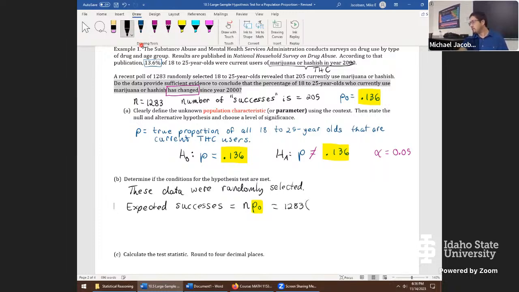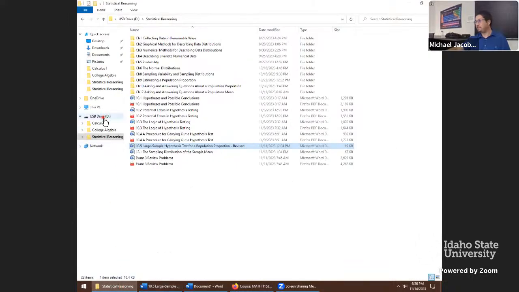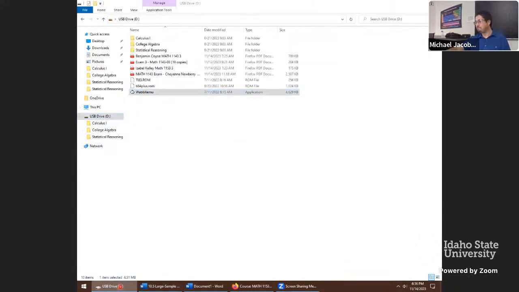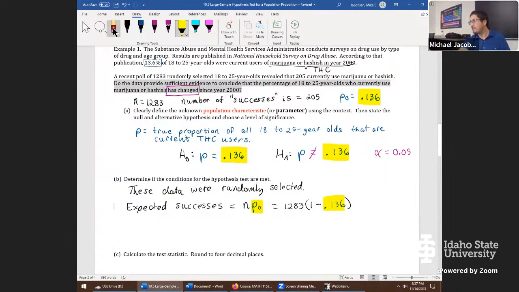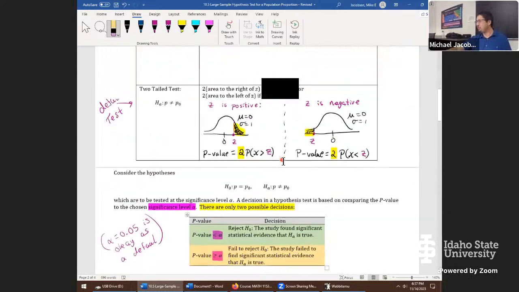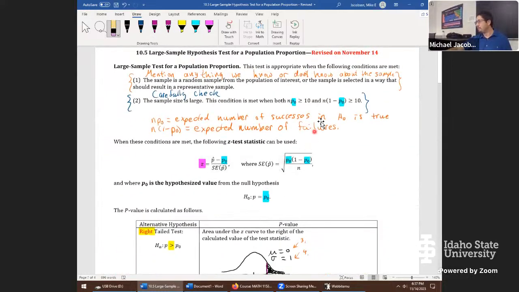This will turn into 1,283. Take 1 minus the 0.136. And now we need a calculator. I forgot I need a calculator. Let me grab one real quick here. So 1,283. Oh, sorry, I must have been thinking of the next line. I put in a strange value here. This should have been 0.136 like this. I think I was thinking of the second equation down below where we go 1 minus it. I'm not sure why I jumped the gun on that.